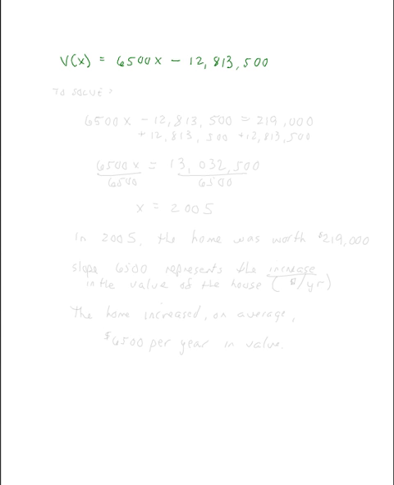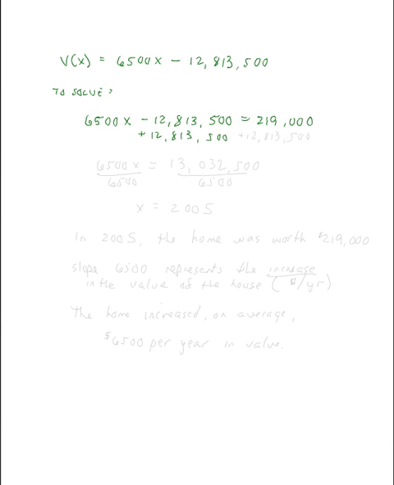You see, we want to know, when was this house worth $219,000? So now we have the tools we need to solve the problem. To solve, we really just want to solve the linear equation. When does 6,500x minus big number, 12,813,500, equal $219,000? And yes, these are large numbers, but the fact is we were working with x being a year here. And so that's going to lead to large numbers. Solving our equation, not terrible.